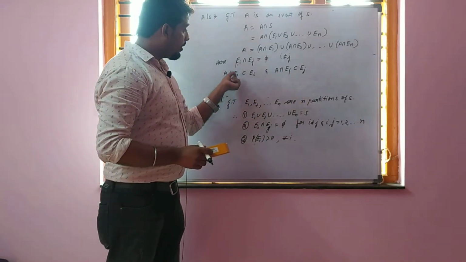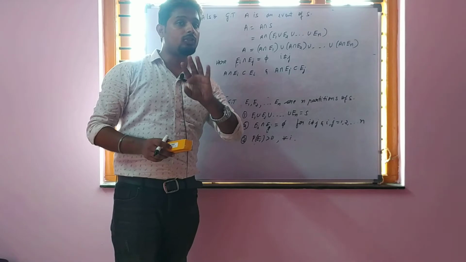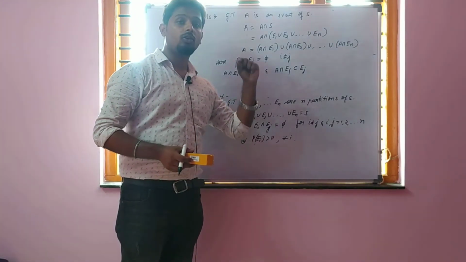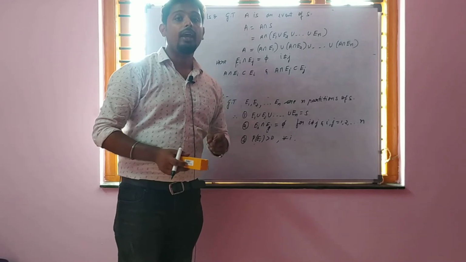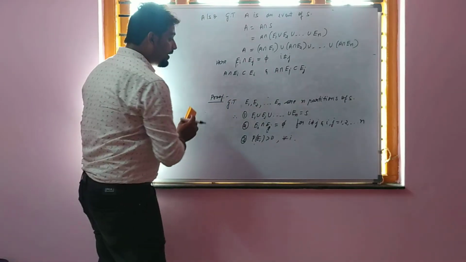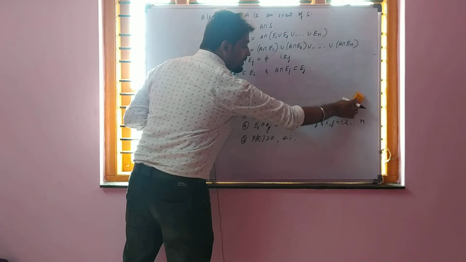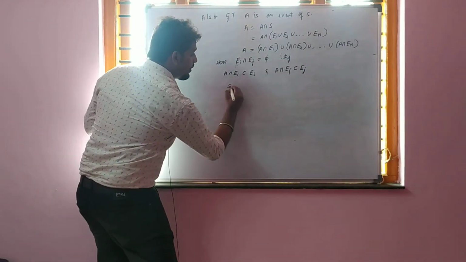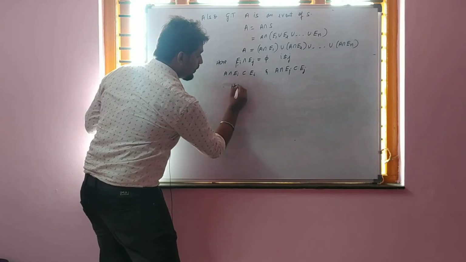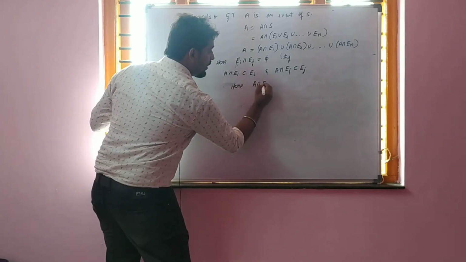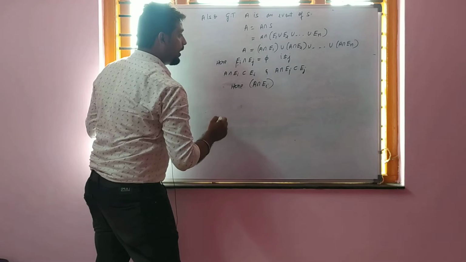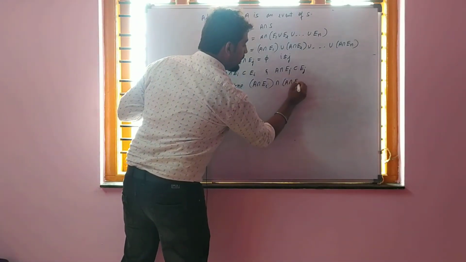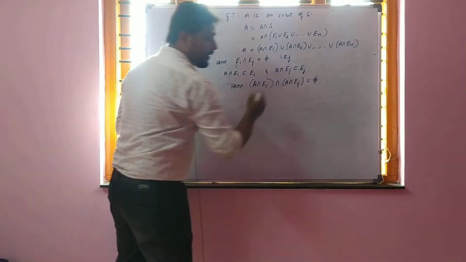I have already told that E1 and E2 do not have any common elements. Definitely, students, these two will also not have any common elements. Therefore, I can clearly tell that their probability is equal to 0, since A intersection EI intersection A intersection EJ is always empty.